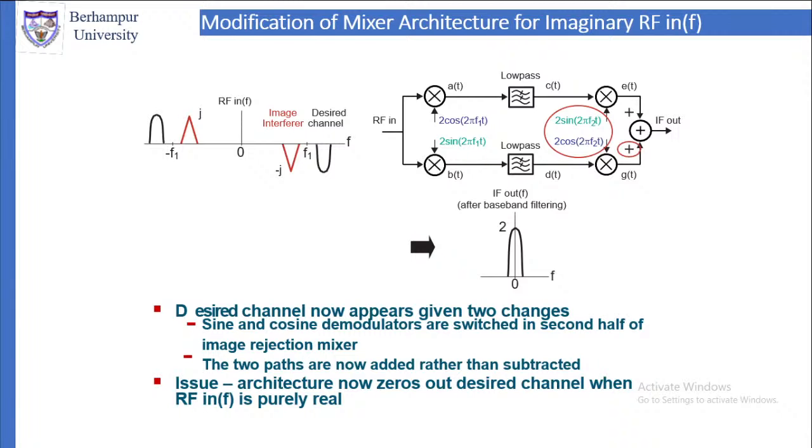Sine and cosine demodulators are switched in the second half of the image rejection mixer. The two paths are now added rather than subtracted. So the architecture now zeroes out the desired channel when RF is purely real. In the previous case, if it was purely imaginary, it was zeroed out. Now if it is purely real, it will be zeroed. So if you know whether it is imaginary or real, accordingly you will select the circuit.